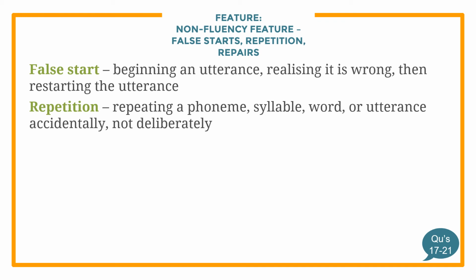Here, because we're looking at non-fluency features, the repetition is accidental, and so we have to be really aware of that. It might be that we've stuttered over a phoneme, or that we've said a word or a phrase a couple of times. So you have to look for whether it is deliberate for emphasis or accidental. If it's accidental, it's a non-fluency feature.